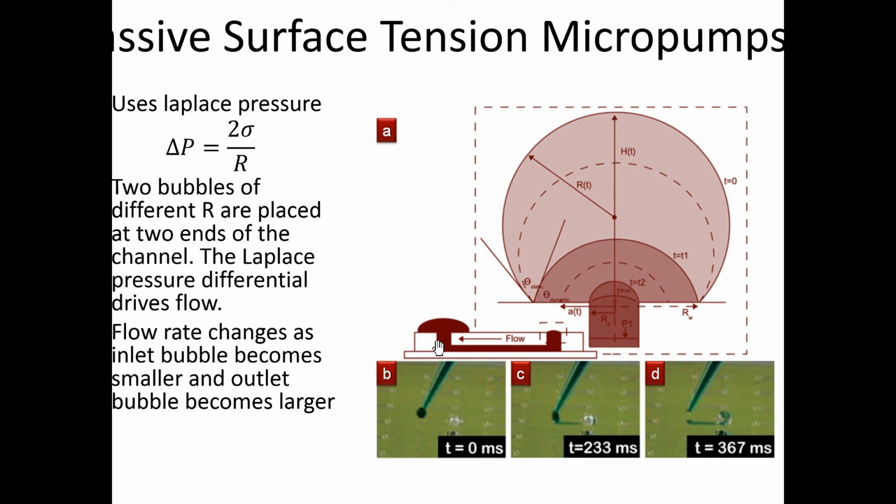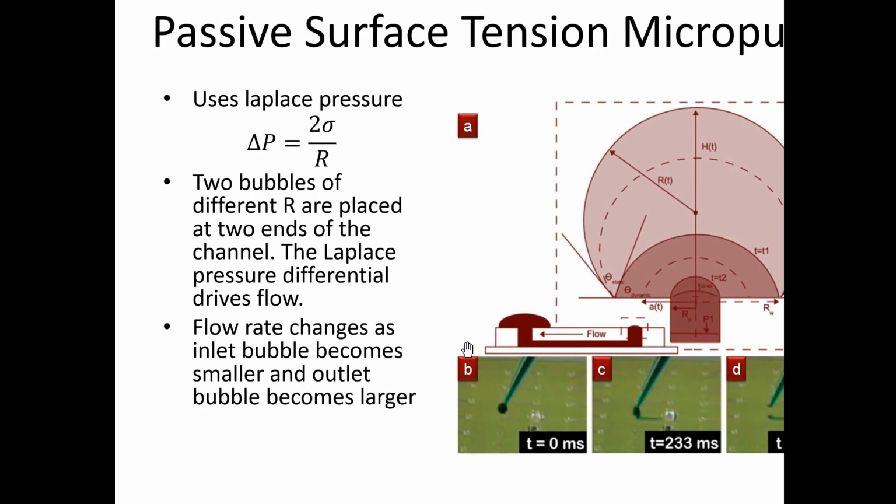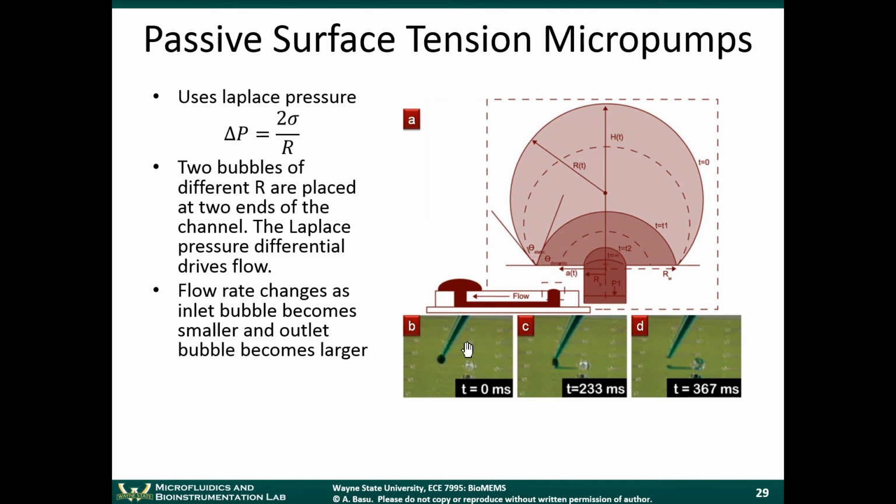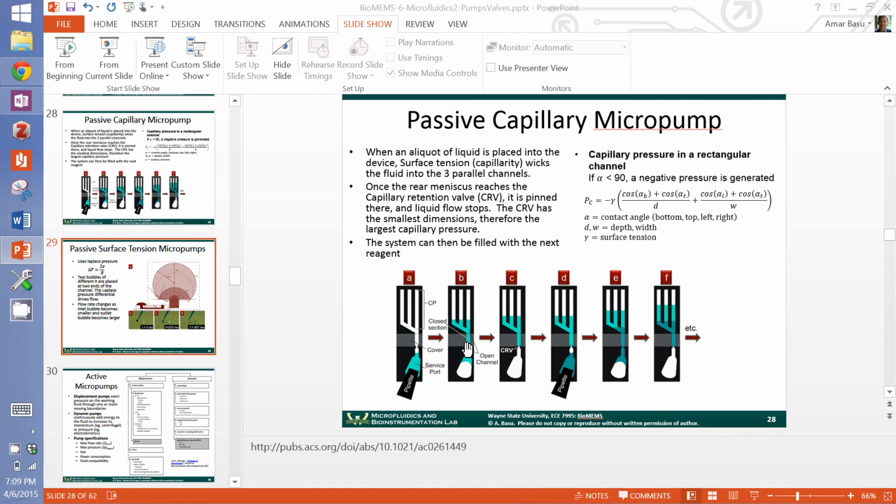If you want to confirm this, you can look back at our notes from a couple modules ago where we talked about hydrostatic pressure. So the full analysis will include this Laplace pressure effect and the hydrostatic pressure effect. But again, it's a pretty simple way to create a pumping effect and flow.